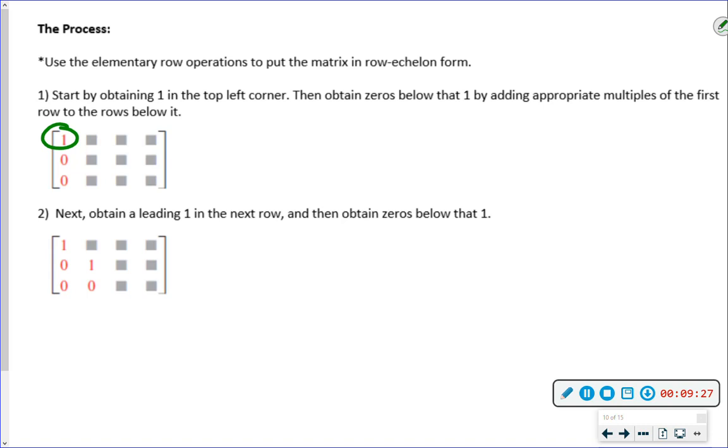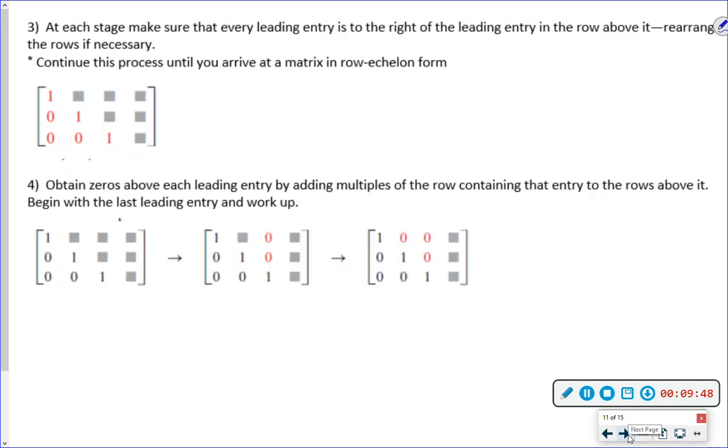Once I have that one set, that would be my first matrix, then I go to the next column. And I'm going to first make sure I have this diagonal 1. If I don't have a 1 there, same thing. Maybe I can swap it with another row. Maybe I could divide by whatever I need to divide by to get 1. Then I'm on the third column.